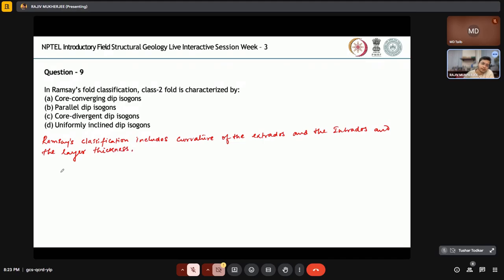So if we just plot a graph, curvature of the extrados and curvature of the intrados, right? So CE is the curvature of the extrados, and Ci is the curvature of the intrados.